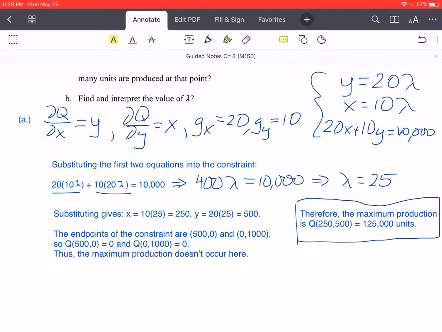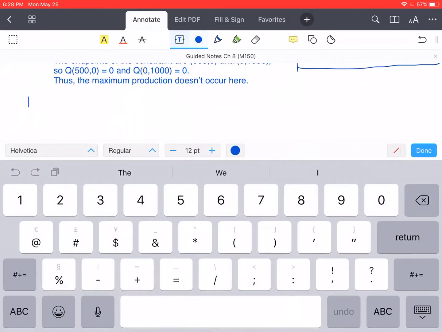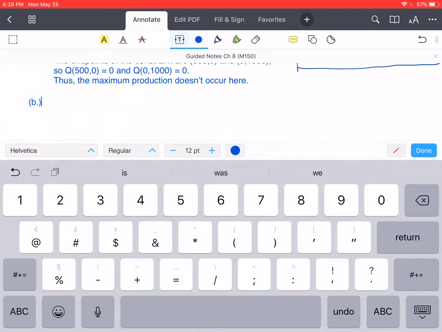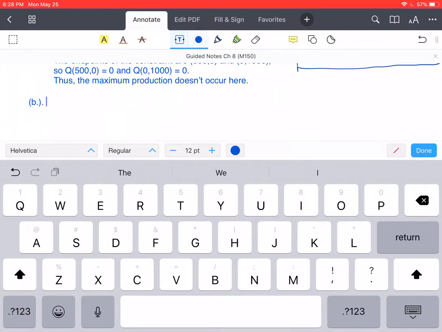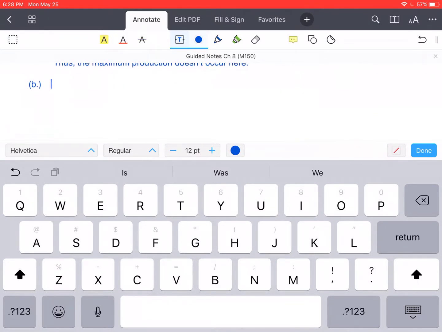So then for part B, it's asking us about the lambda value. We already know what lambda is. We found that earlier. Lambda is 25.